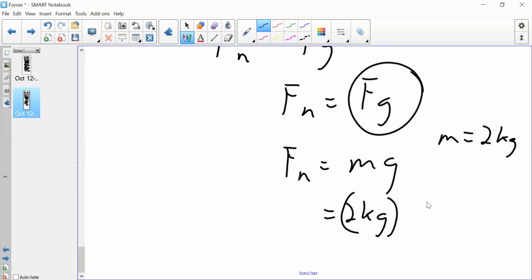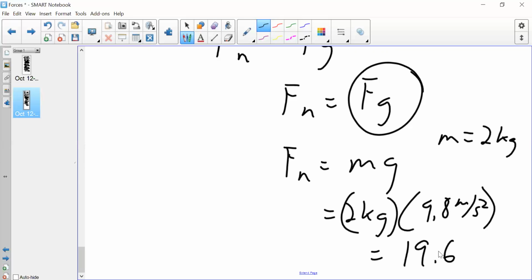2 kilograms times 9.8 gives me 19.6, and forces are measured in newtons after Isaac Newton. 19.6 newtons of normal force.